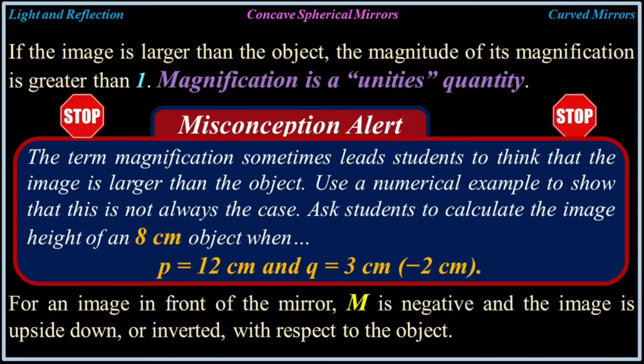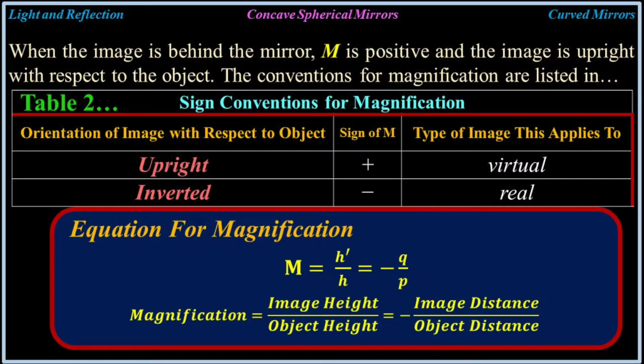For an image in front of the mirror, M is negative and the image is upside down, or inverted, with respect to the object. When the image is behind the mirror, M is positive and the image is upright with respect to the object. The conventions for magnification are listed below here, Table 2. If it's upright and virtual, it's positive.